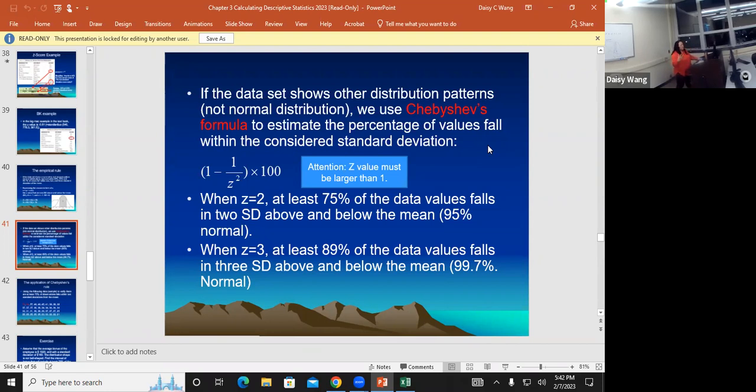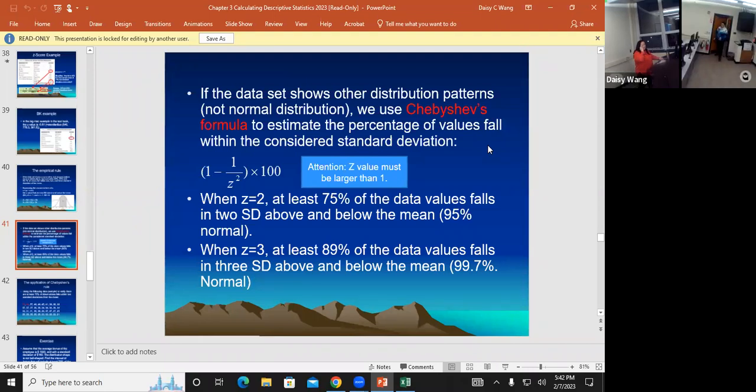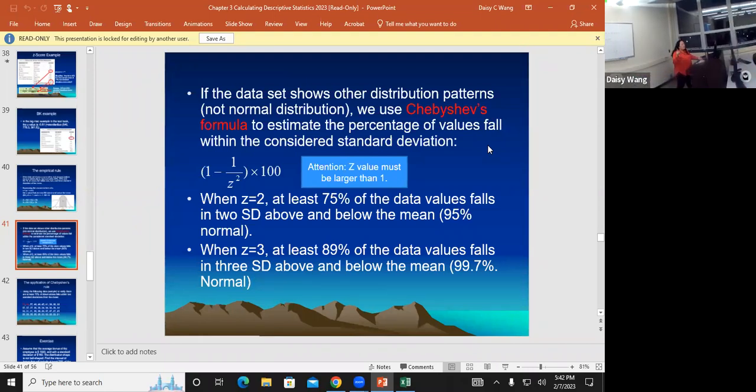For that we can use z. If z equals 2, it means plus minus 2 standard deviations. So it is 1 minus 1 over 2 squared, which is 1 minus 1 over 4, 1 minus 25%, so that's 75% chance of being within the mean.